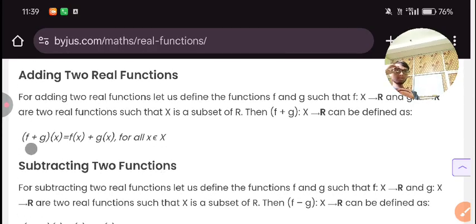Just we add (f plus g)(x), f(x) plus g(x). This is what adding two real functions is.